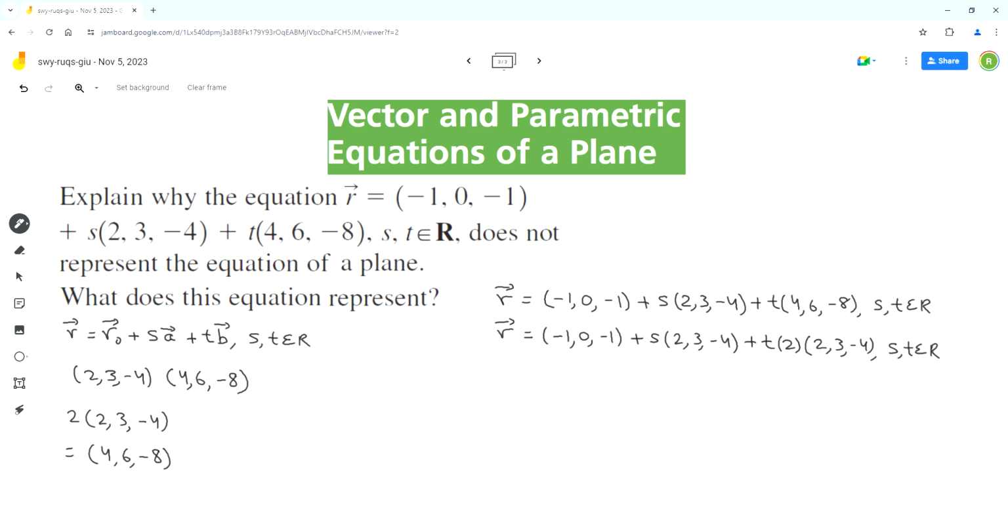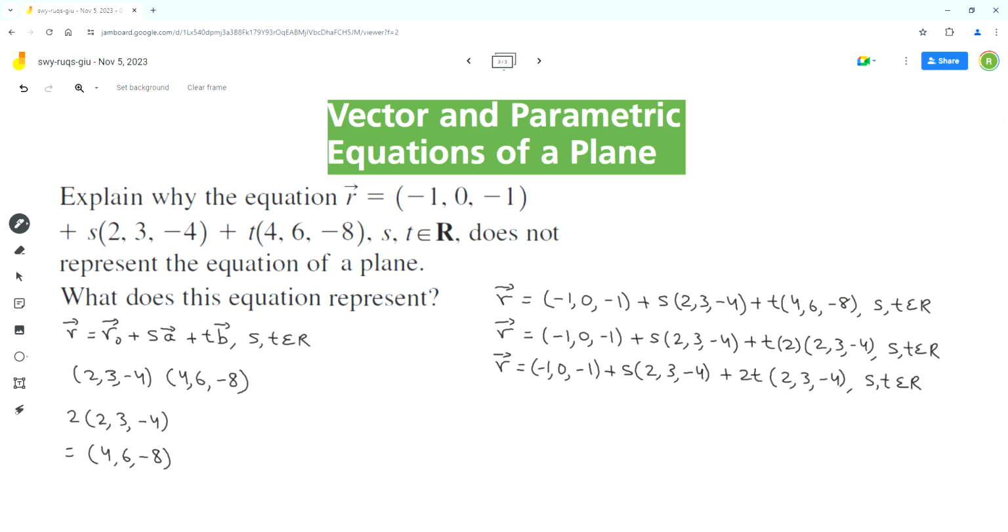Now in the next step, we can multiply t by 2. Vector (2, 3, -4) is present in both terms now.